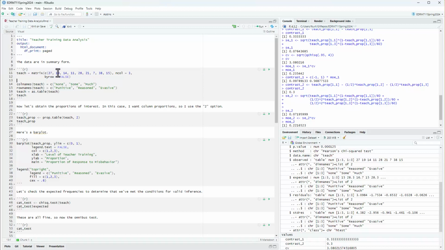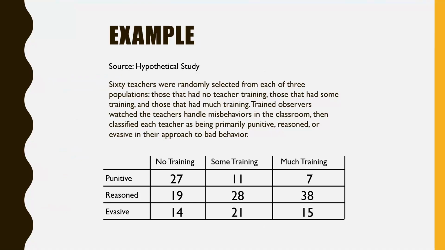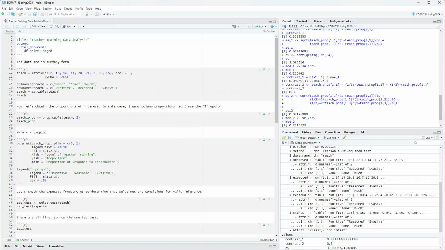So if you look at the 27, 19, and 14, that should be for the first column. And indeed, that's what we see here, 27, 19, and 14 for the first column. So I'm entering them in by column. I'm going to create the column names, which are going to be none, some, and much for the three teaching conditions of the explanatory categorical variable.